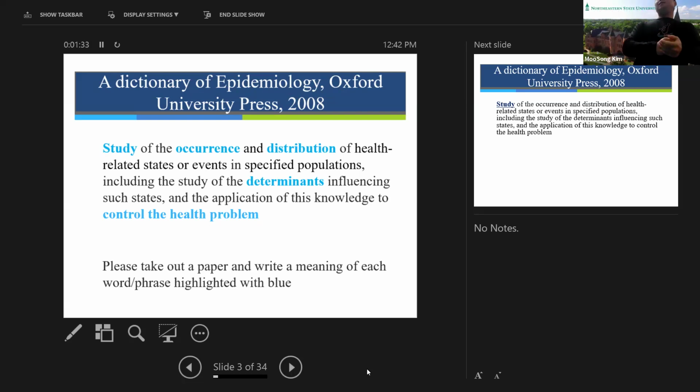Okay, let's talk about the meaning of study. What do you think the study means? It is a way to collect the data, and after collecting data, what are we gonna do?